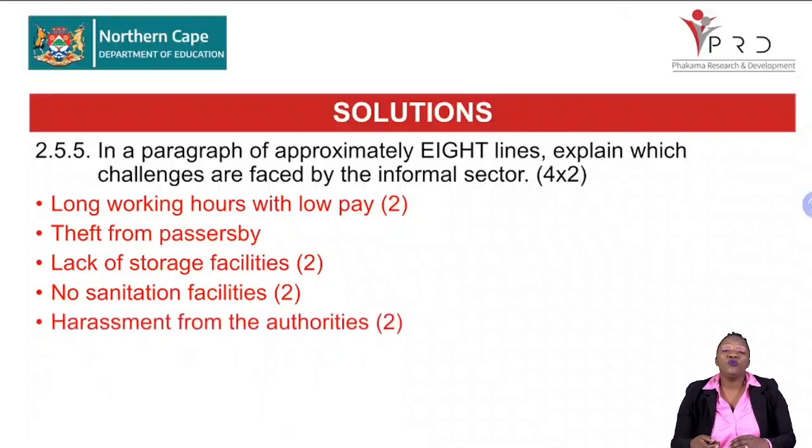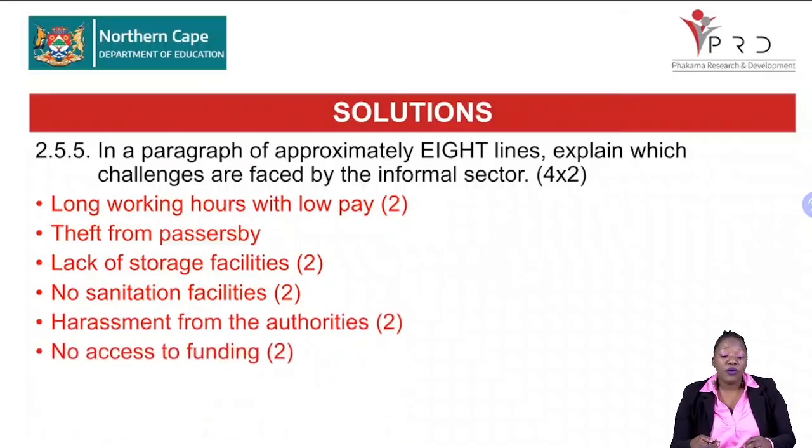Those people do not have licenses, or they do not have any documentation for them to be in those spots. So therefore, they are getting harassment from the authorities. And also, there is no access to funding. Remember, their businesses are not registered, so therefore they don't have any business plan. Even if they want to grow their business, the banks will not give them loans because their businesses are not guaranteed.